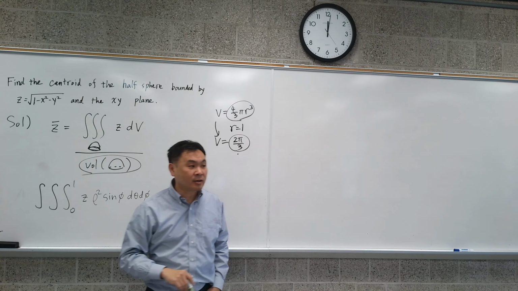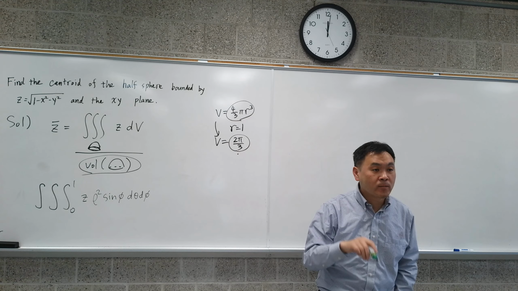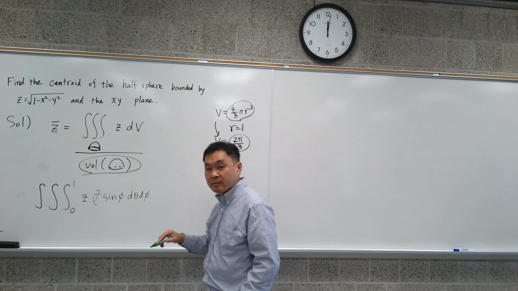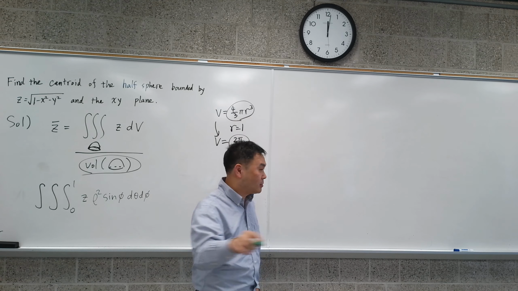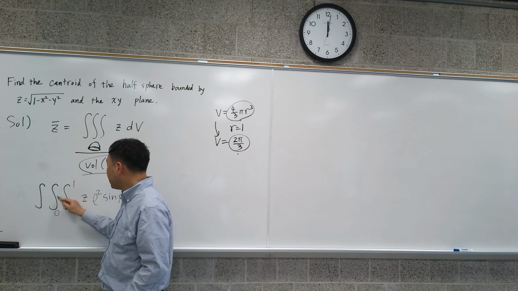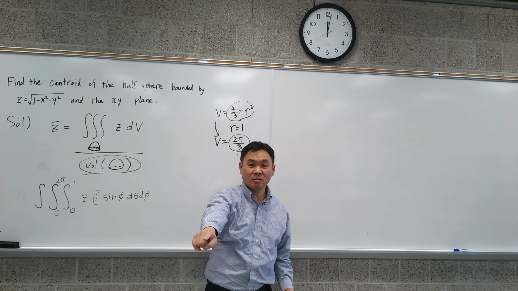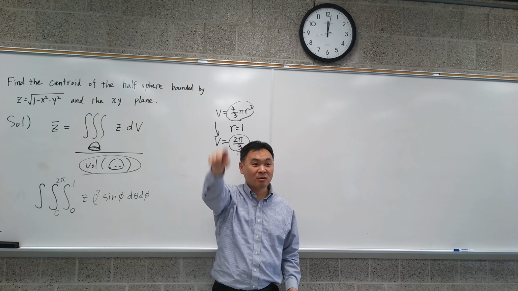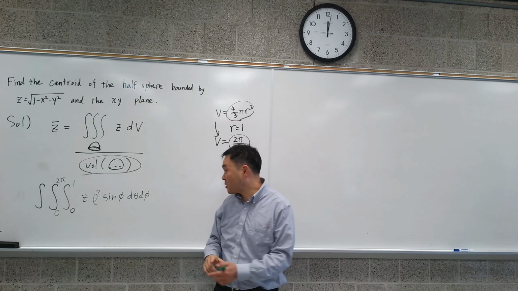Okay, what about theta? Theta is 0 to 2 pi. Yeah, it goes all around, right? Now, what about phi? Phi comes down from the North Pole, 0 to pi over 2. Because you end up at the equator, so you stop at pi over 2.